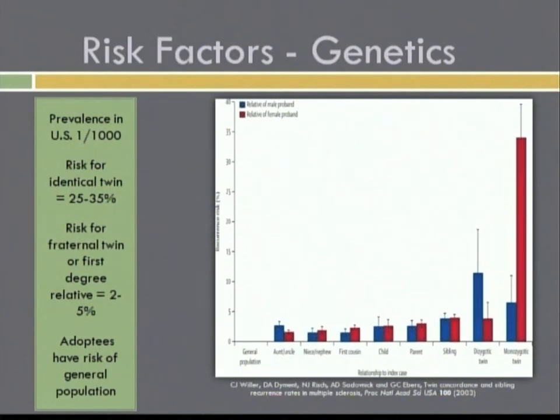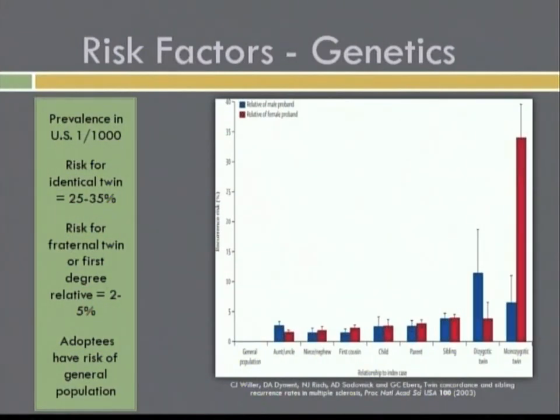For a fraternal twin, that's a non-identical twin, or a first-degree relative, the risk is between 2 and 5%. So that's a first-degree relative, it's still very low, on average about 3%, but higher than the 1 in 1,000 that it is for any person in the US.